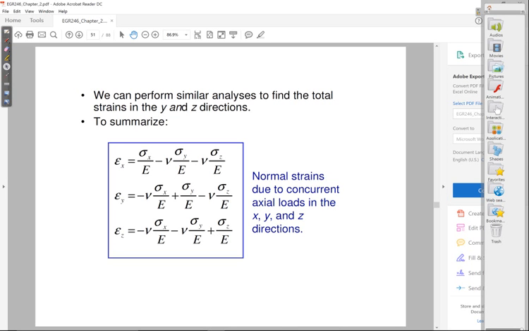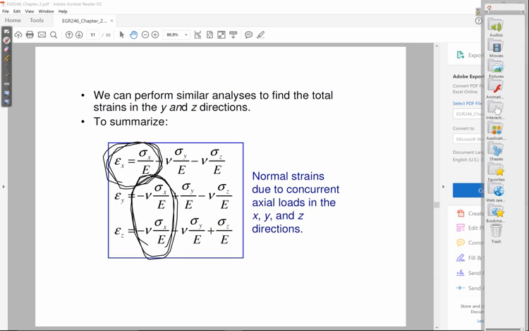So if I apply sigma x directly, then I am going to get a direct epsilon x. But due to sigma x, I get these strains in the y and z directions due to Poisson's ratio.